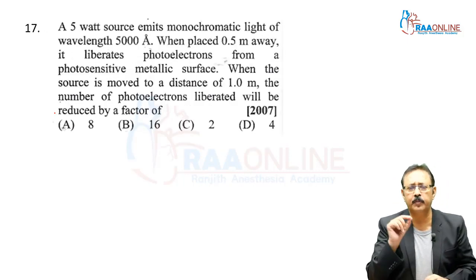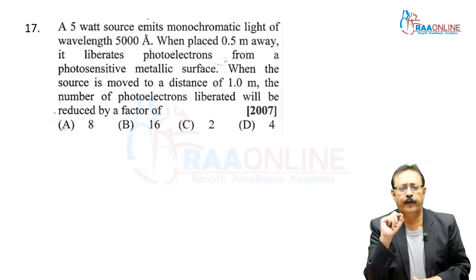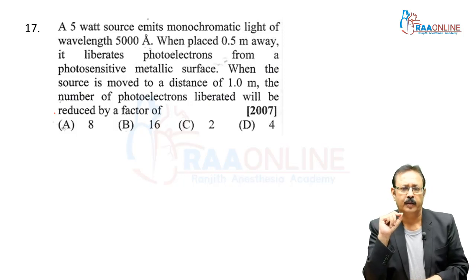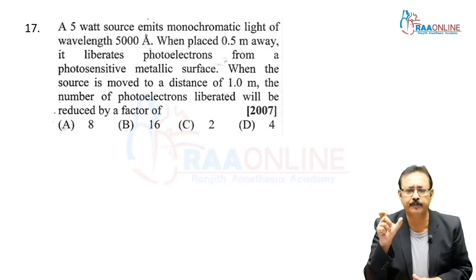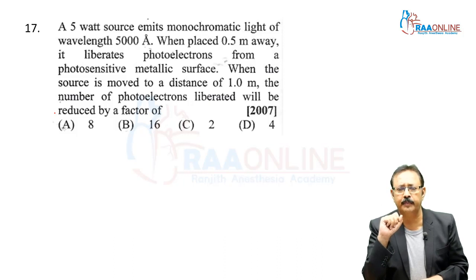Next, it is from 2007 AIPMT. A 5-watt source emits monochromatic light of wavelength 5000 angstrom. When placed 0.5 meter away, it liberates photoelectrons from a photosensitive metal surface. When the source is moved to a distance of 1 meter, the number of photoelectrons liberated will be?